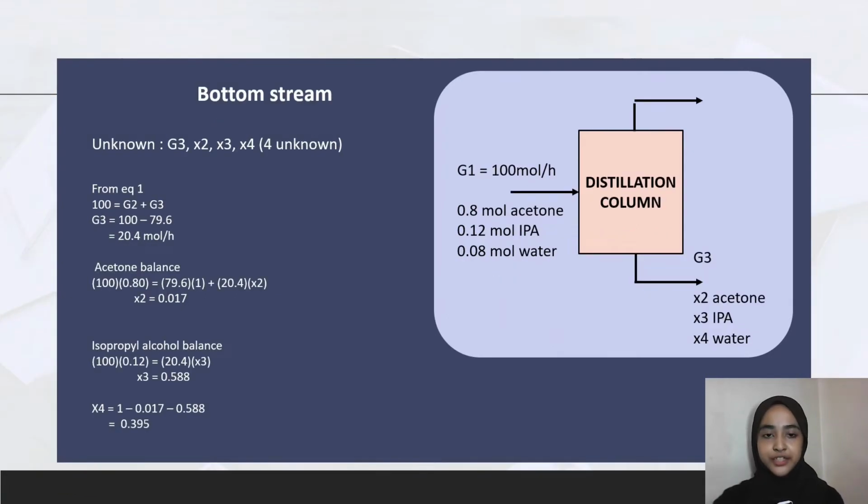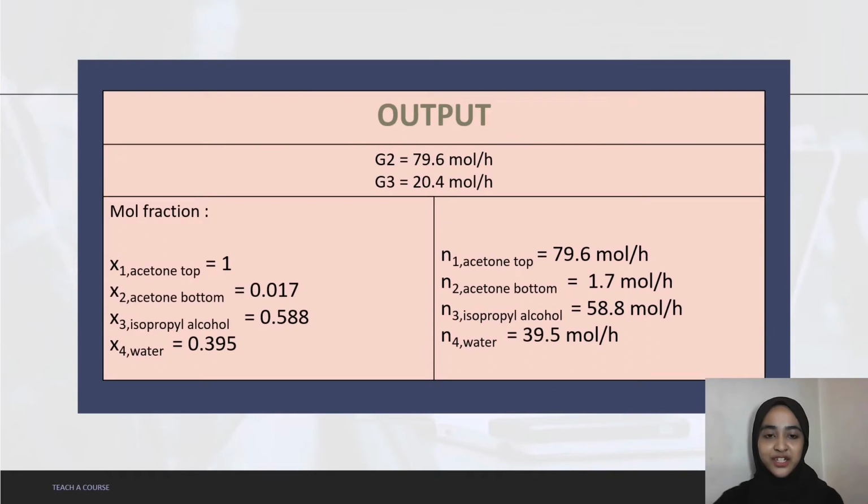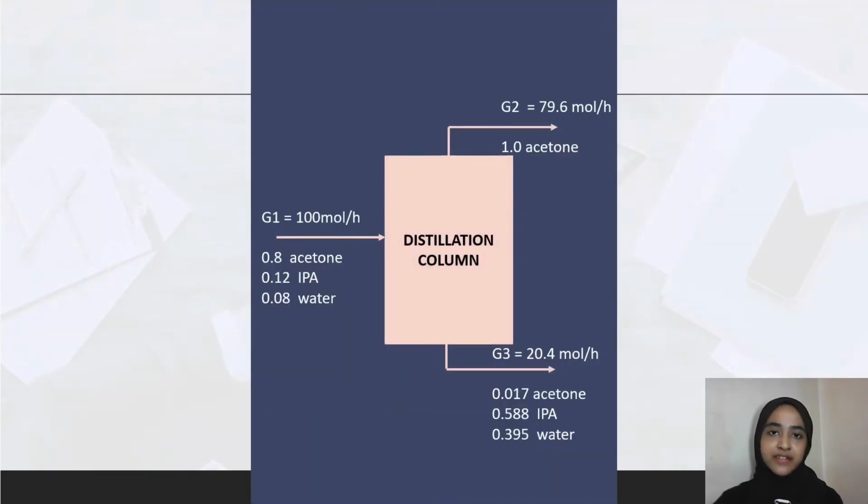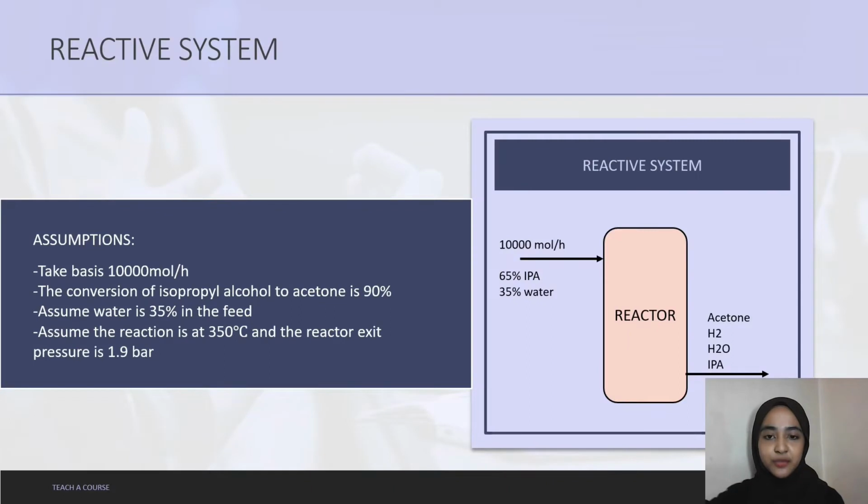For the bottom stream, we can calculate the value for G3 by using the first equation, and then we calculate X2 by using the acetone balance, X3 by using the isopropyl alcohol balance, and X4 by subtracting X2 and X3 from 1. After we obtain the mole fraction of each component, we can calculate the molar flow rate of stream 10 by multiplying the mole fraction with 100 mole per hour. Flowchart for the non-reactive system.